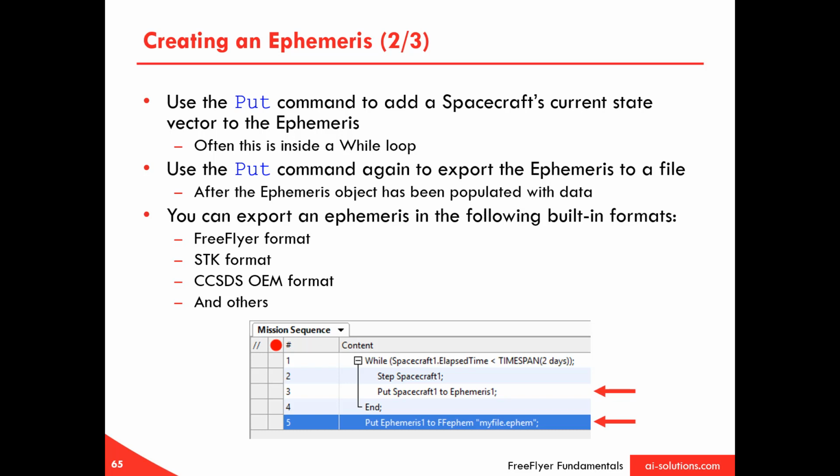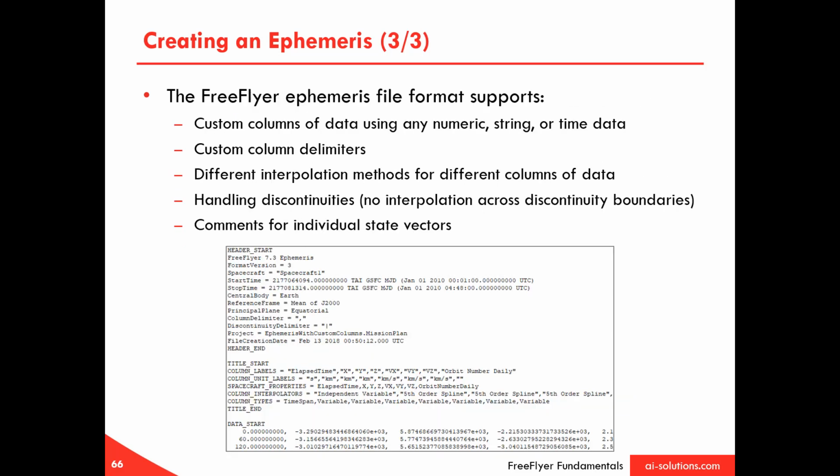FreeFlyer has built-in support for exporting Ephemeris files in our own FreeFlyer format, the stk.e format, the CCSDS OEM format, and some others. The FreeFlyer Ephemeris format also lets you specify custom columns of data using any numeric, string, or time values that you want.